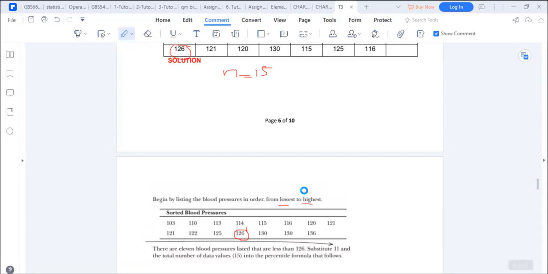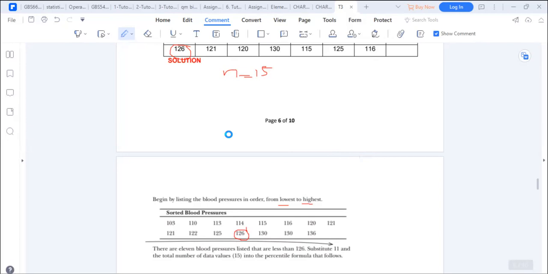I repeat, you have to rearrange the data in ascending order and identify the number you're looking for, the n observations. So the number of observations you have on the left, formulas will ask you to add a 0.5, then over the total elements that you have.